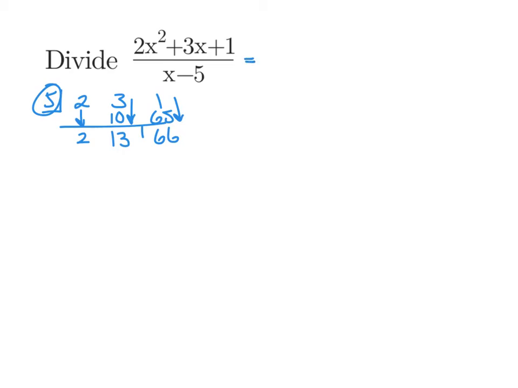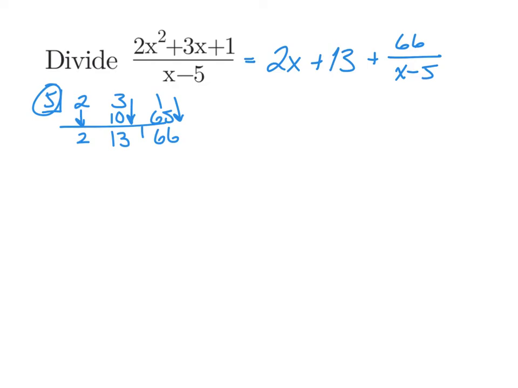Which means, when we divide this out, we're left with 2x plus 13 plus our remainder, 66, over x minus 5. And man, that tells us a lot.